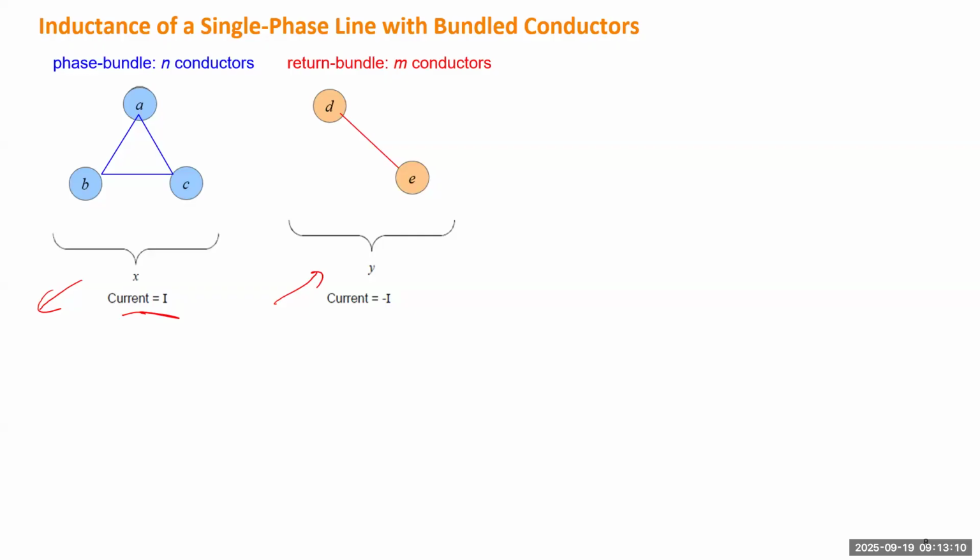Each bundle is connected directly, so it can be treated as just a single phase line. So how do we calculate inductance for this case?